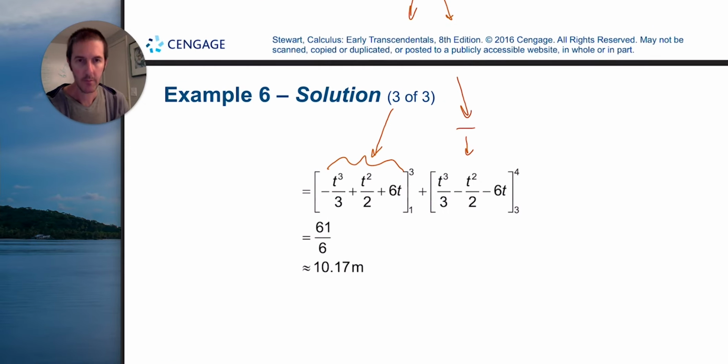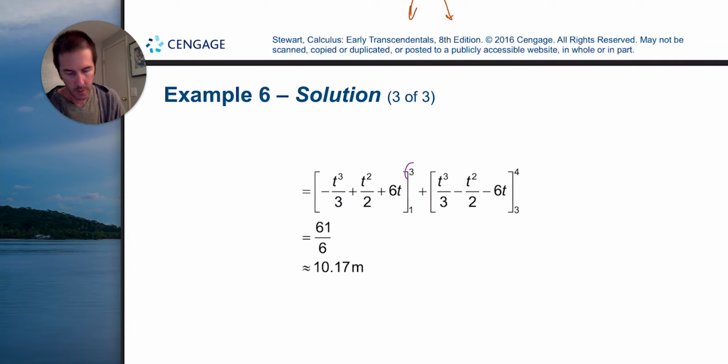After having figured out the antiderivative, and that the second one is just the opposite of this one, we've got our antiderivatives, then we have to do our evaluation. Upper limit of integration, lower limit of integration. Those two values get plugged in, right?